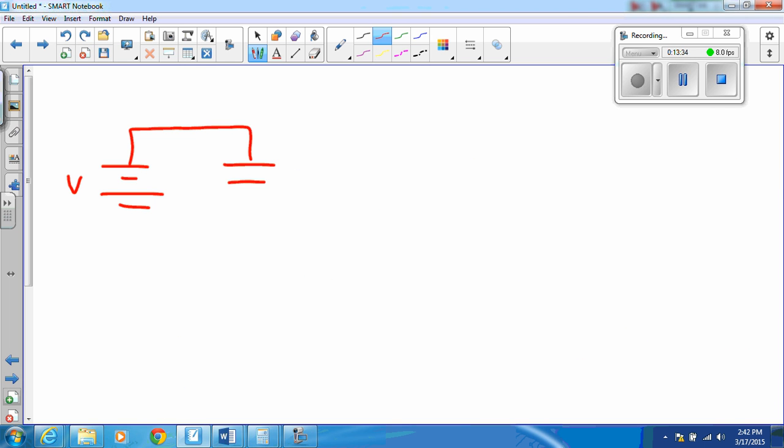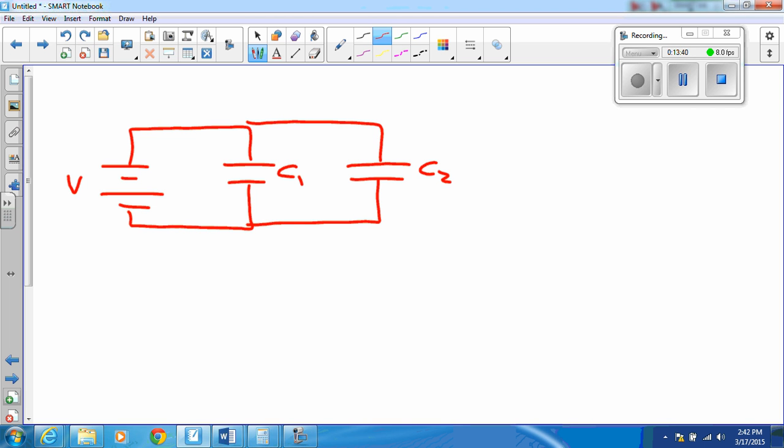We'll construct for ourselves a circuit that has a power supply V and a capacitor C1 in parallel with a capacitor C2. And we're going to do the same thought process that we just did.